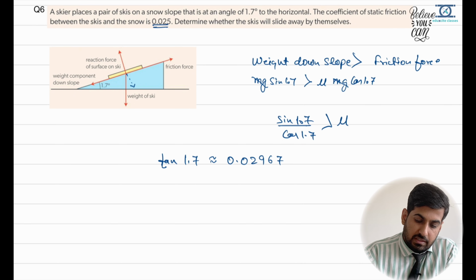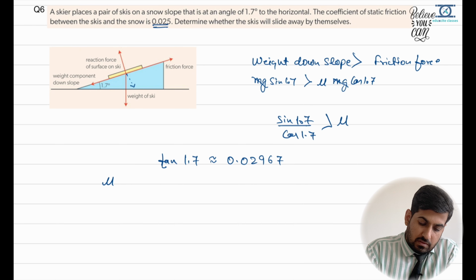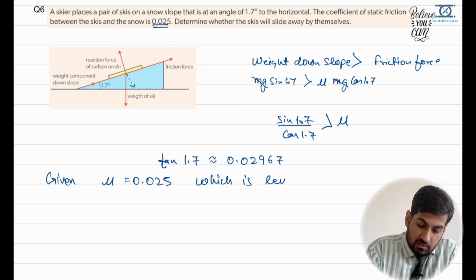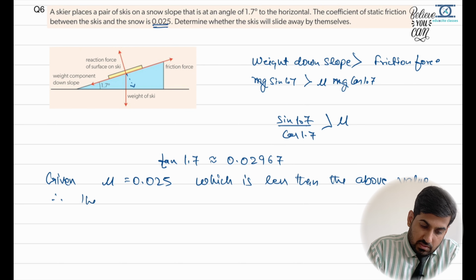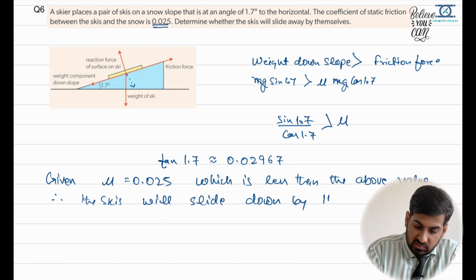The given static coefficient, nu, is 0.025, which is less than the above value. Therefore, the skis will slide down by themselves.